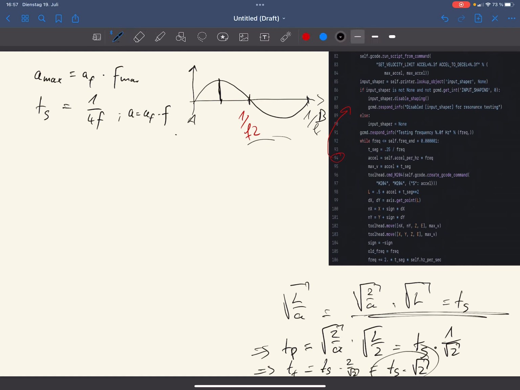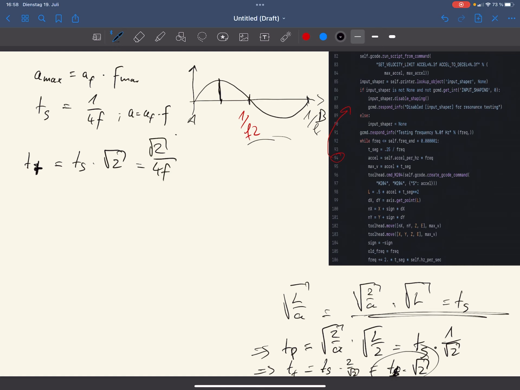So we call it TT, sorry. TT is TS times square root of 2, which is square root of 2 over 4f.